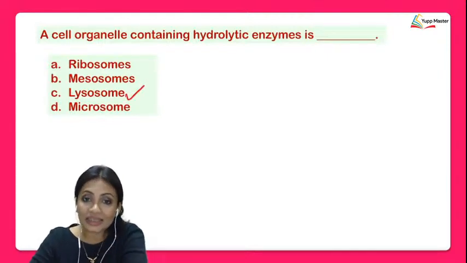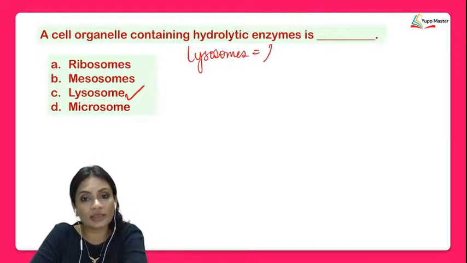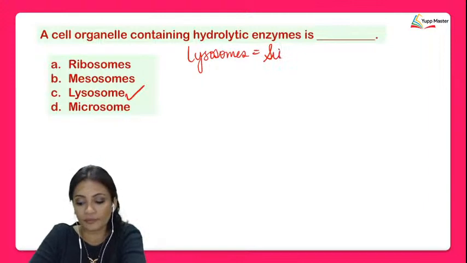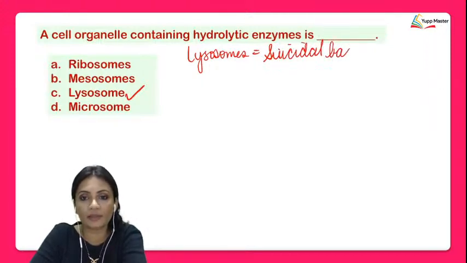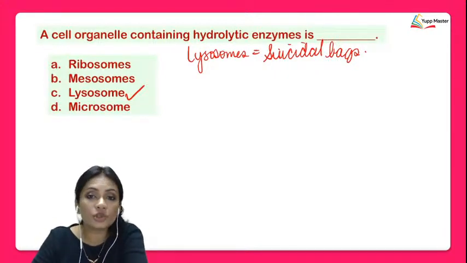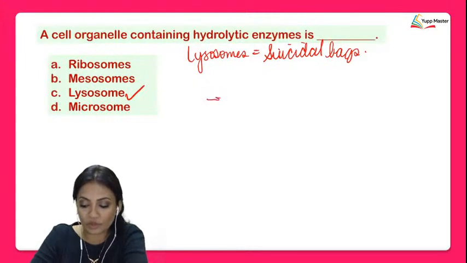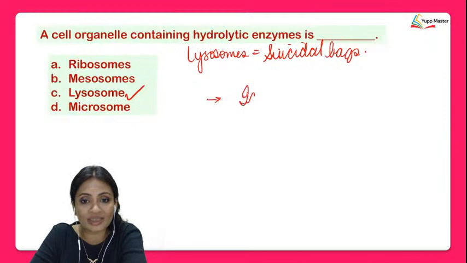These lysosomes were also called the suicidal bags. And you also need to remember that it performs two types of destructions. Obviously lysosomes are meant for breaking down, for destruction. So there is one destruction which is going to happen inside the cell.